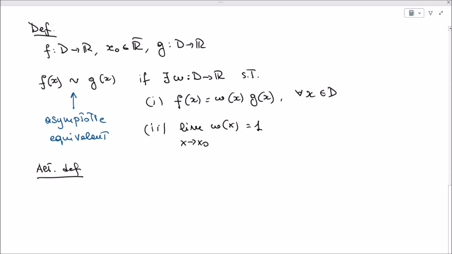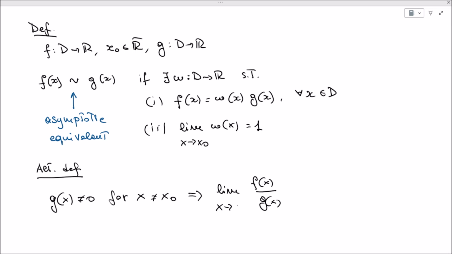Alternative definition would be that, of course, with the same setting for f, x naught, and g, if g of x is different from 0 for x different from x naught, then we say that f of x is asymptotically equivalent to g of x if the limit of f of x divided by g of x as x goes to x naught is equal to 1.